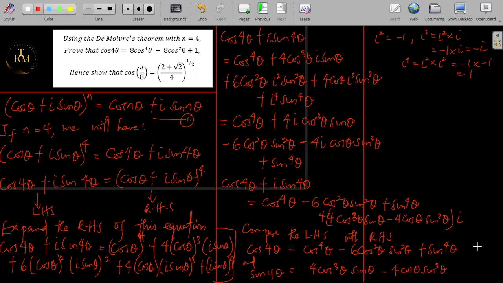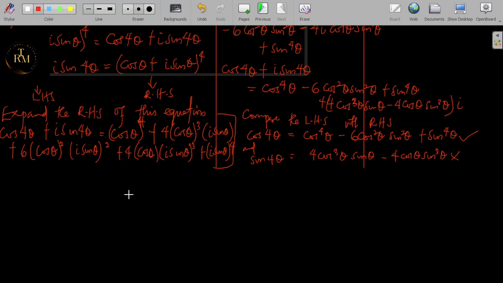Right. But because the question asked me to prove cos 4θ, which is what I'm going to do, I'm going to eliminate this. I'm not interested in this. I'm interested in this. So I'm going to rewrite this again now and continue from there in order to prove exactly what I have. So from here now, I'll just pick it up and take this cos 4θ here out and continue with the solving.